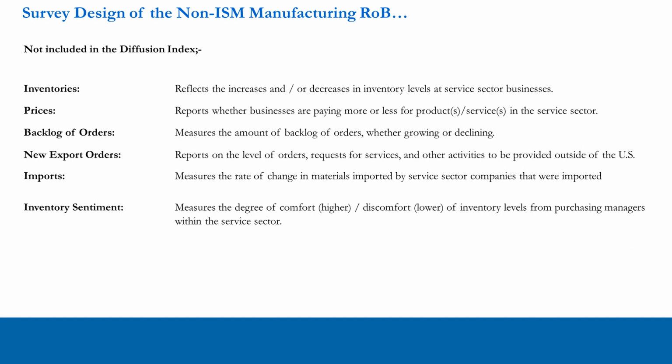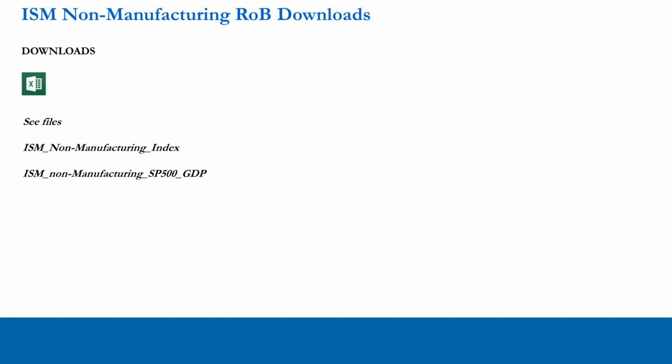Now, you may or may not have noticed already, in the downloads area beneath the video, you'll see a few files there. One titled ISM Non-Manufacturing Index and ISM Non-Manufacturing Index S&P 500 GDP.